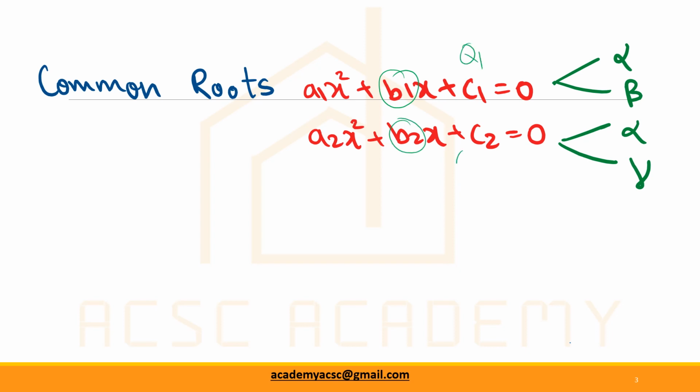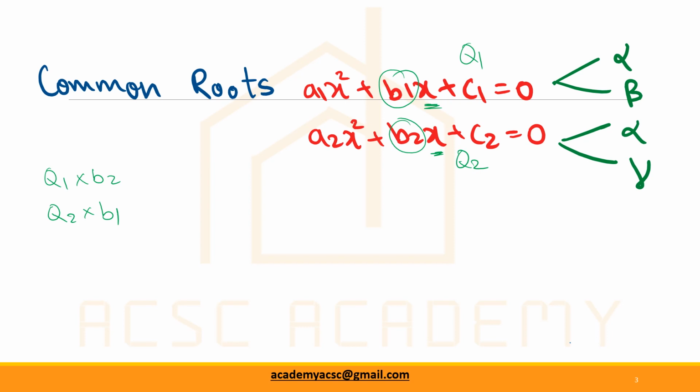What if we multiply Q1 with B2 and multiply Q2 with B1? Then the coefficient of x will become the same in both equations. Then we can subtract them and easily eliminate that term. So let's try doing it. We will multiply Q1 with B2, Q2 with B1, and then subtract both equations. Let's see how that can be done.